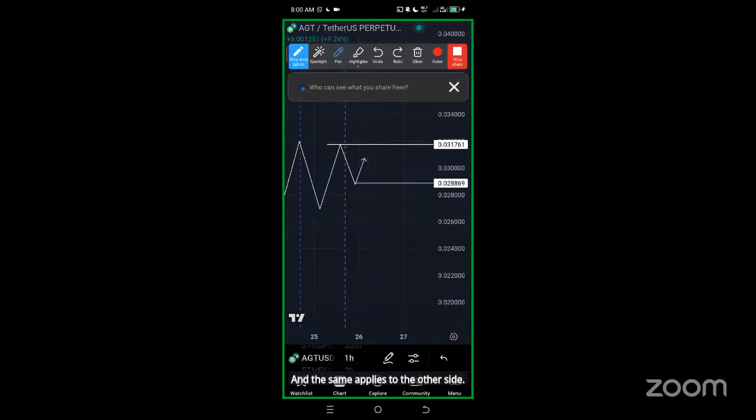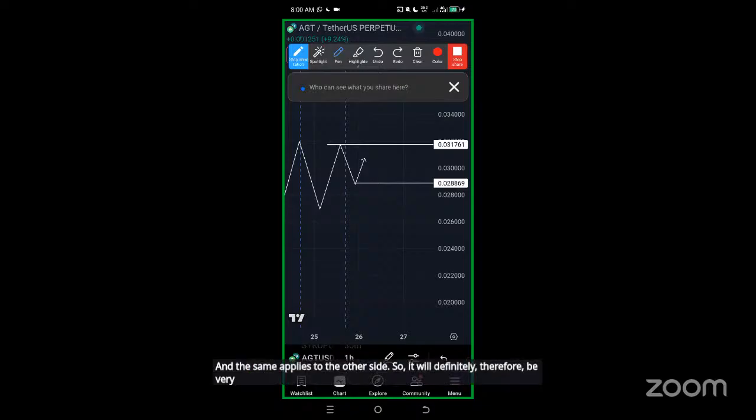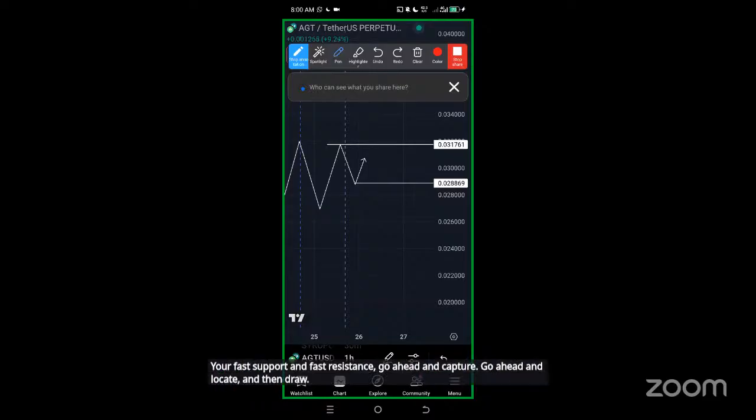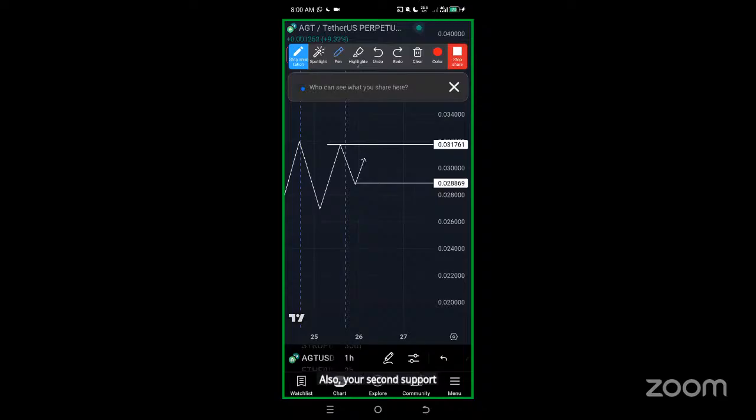So it will definitely be very important for you, upon drawing your first support and first resistance, to go ahead and locate and draw your second support and second resistance, such that if the first support is broken through, you know the next stopping point.